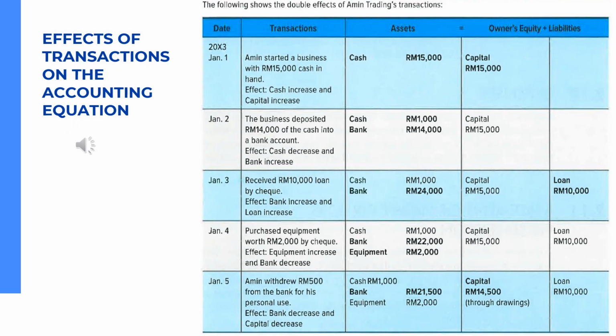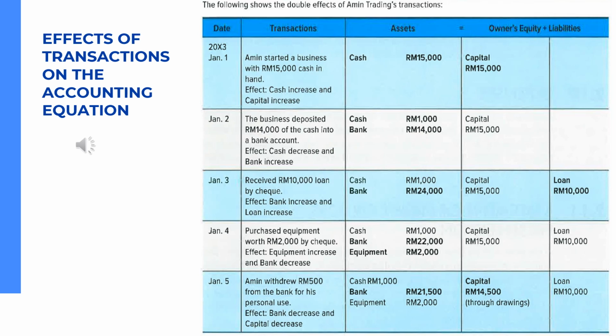So in this table, it will show the example of the double effect of every transaction in the accounting equation. For example, on January 1st, 20x3, Amin started a business with 15,000 cash in hand.